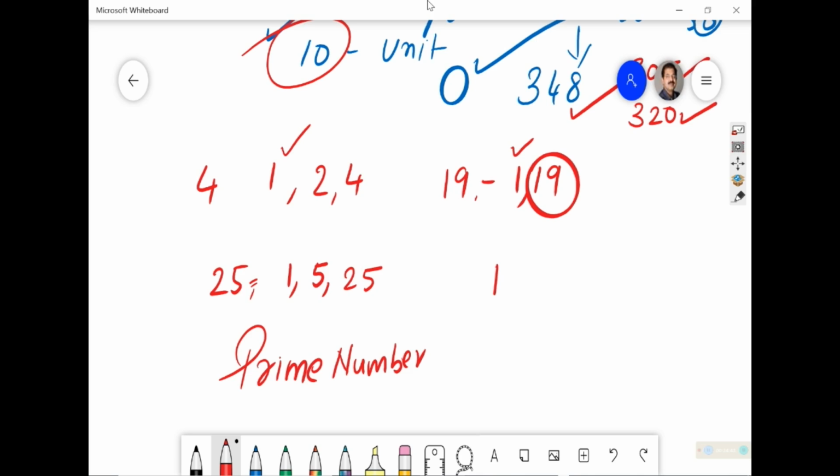So when we start counting from 1, we will get 2, 3, 4 is having a divisor or a factor 2, 5, then 6 is having 2 and 3 itself and 1, 7, 8 we can't write, 8 is having factors like 4, 2, 8 itself and 1, 9 can't write, 10, 11.